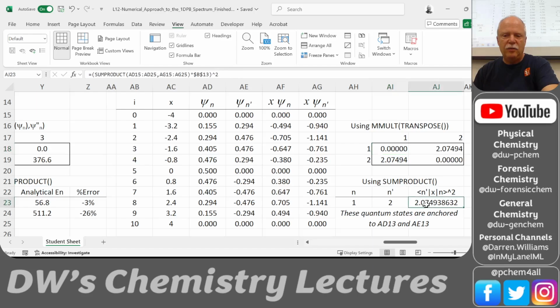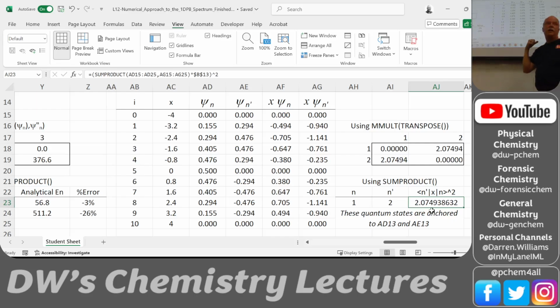And so here's our 1 to 2 transition. So that's fantastic. That's the transition dipole moment integral. And we did it real easily with Excel. We took the wave function times light times the wave function, integrated over all space, and there's our result right there.